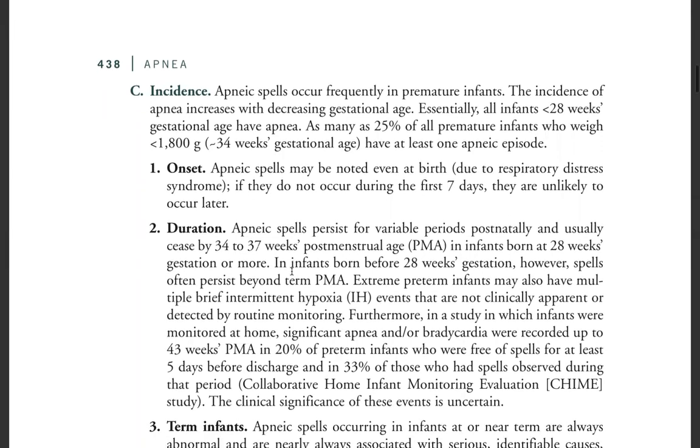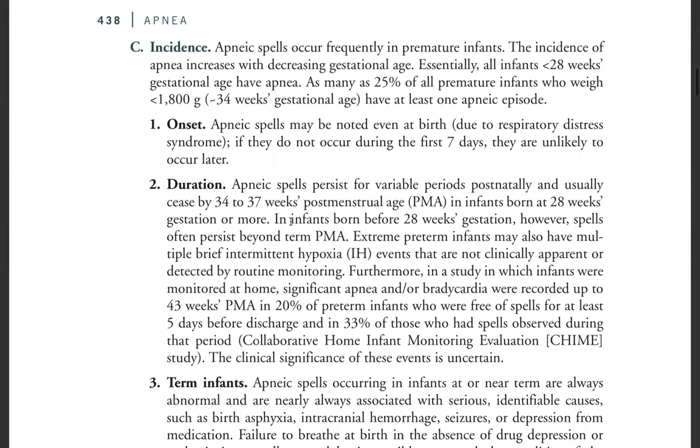Duration: if babies are born before 28 weeks, apnea can continue even beyond term. Otherwise, it stops at 34 to 37 weeks of post-menstrual age. Whereas in a child of less than 28 weeks, it may continue even beyond term.